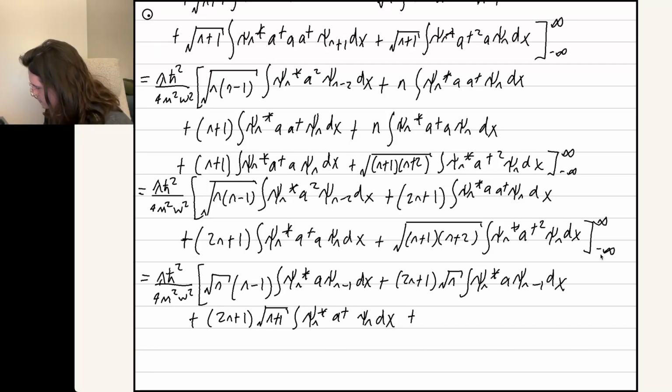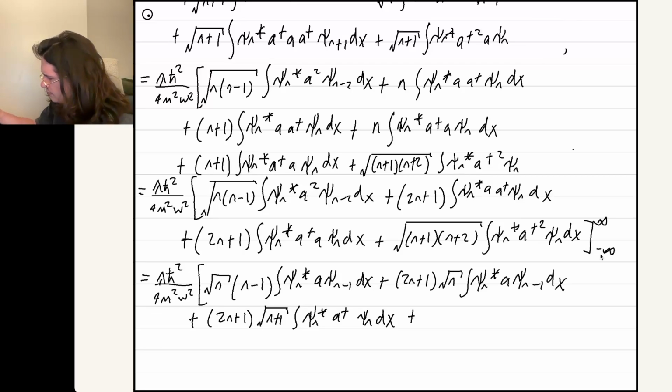Really? I think I made an error here, and this is supposed to be n plus 1 dx, minus infinity to infinity.